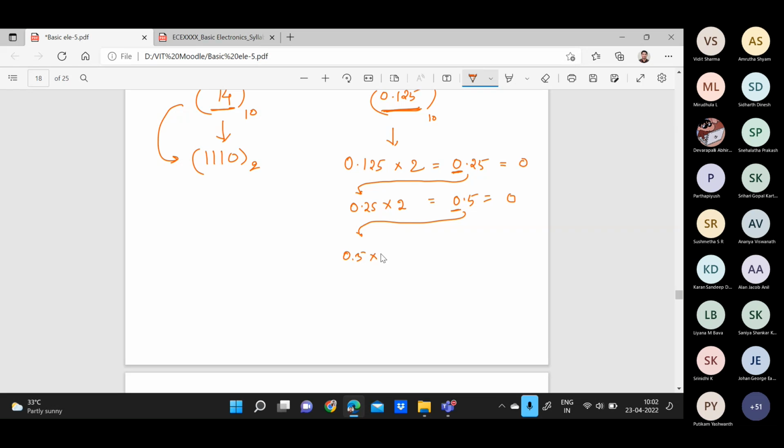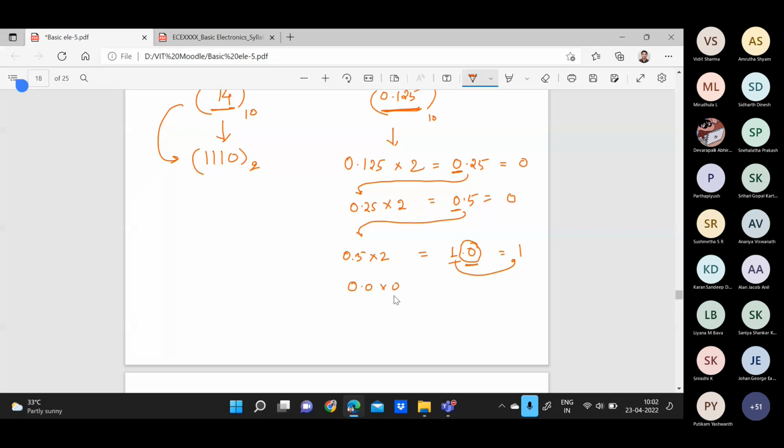That will be 1.0. Note down this value. Whatever is left will be only 0.0, or you can say 0 only. If you multiply by 2 also, you will get 0 only. So now all the digits will be 0.